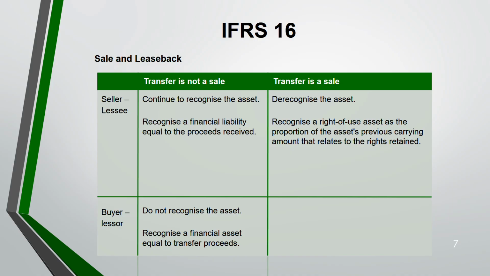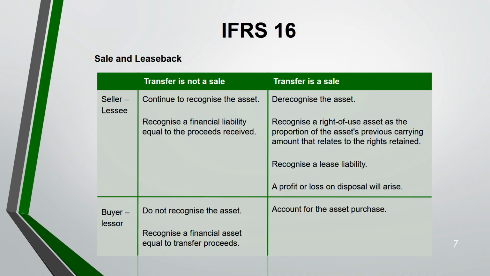You will only recognize the rights that you have retained. Recognize a lease liability. Lease liability, not financial liability, because it's a sale. Because now you have taken a lease, so it's a lease liability for you. And because it's a sale, profit and loss will come. That profit and loss will arise on disposal.